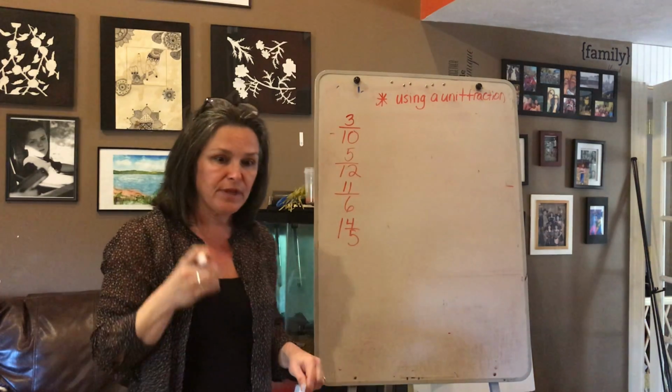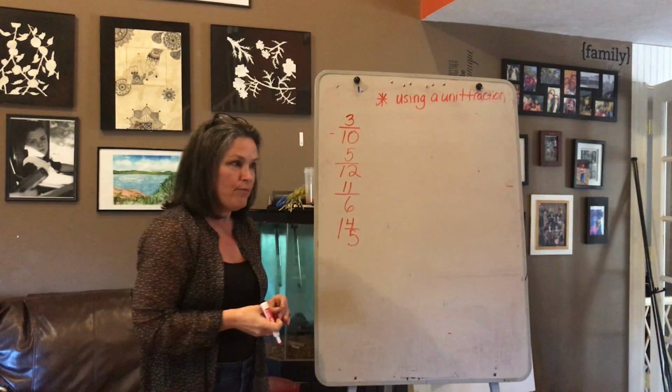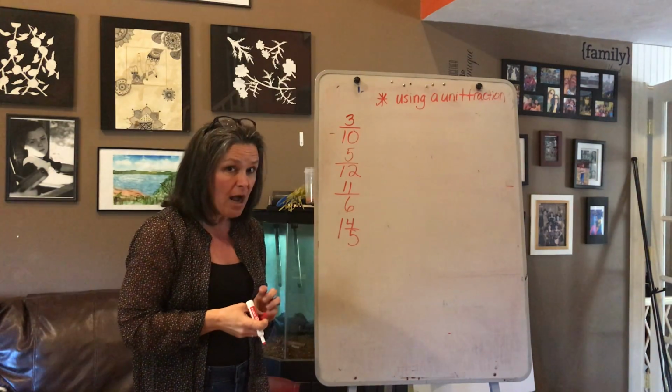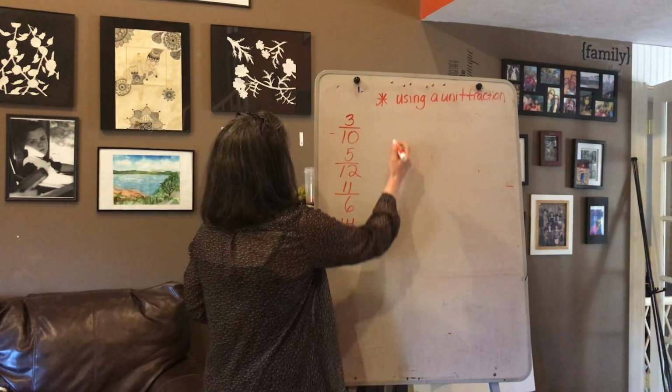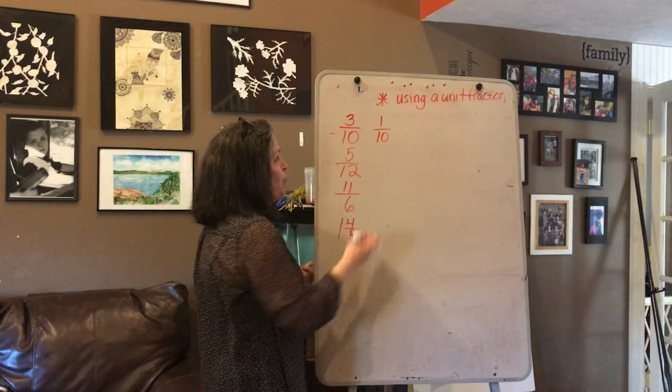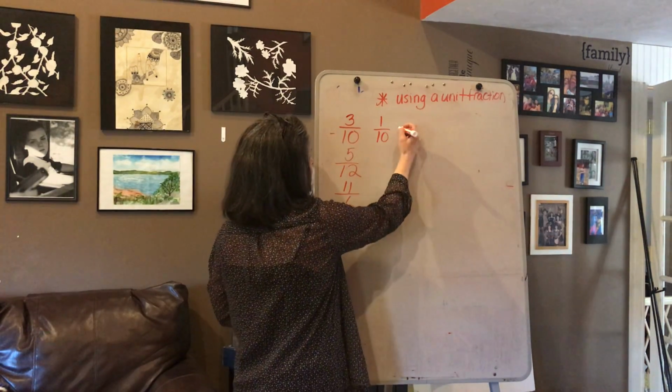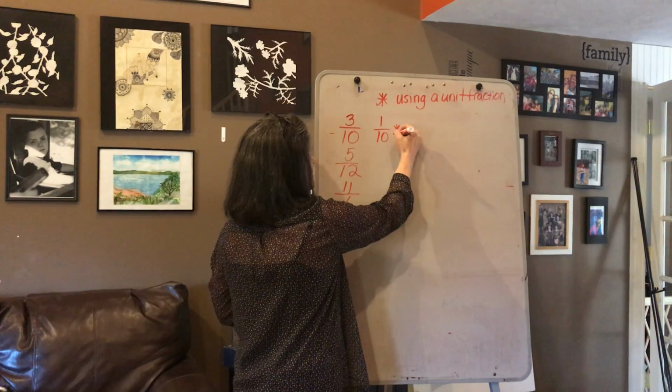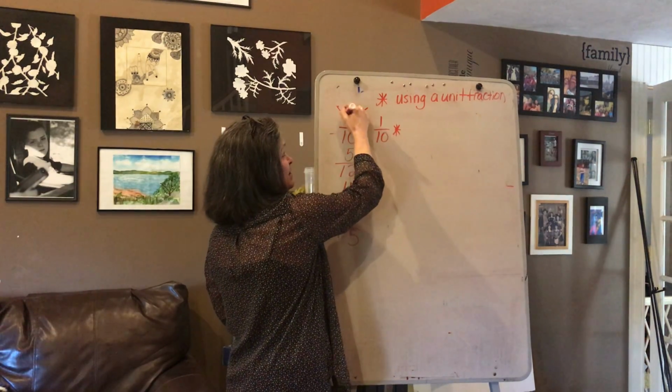So stop and think to yourself, what is a unit fraction? Hopefully you remembered a unit fraction needs to have 1 as the numerator. So I'm going to write down my unit fraction first because I know what that is. So what would I have to multiply that 1/10 by to equal 3 tenths?